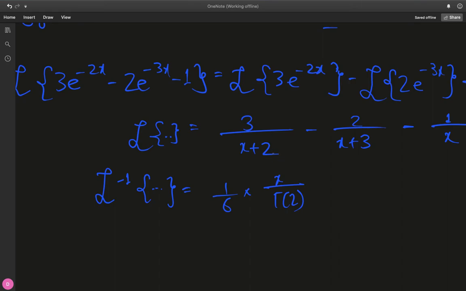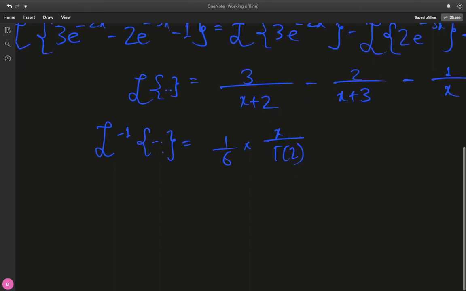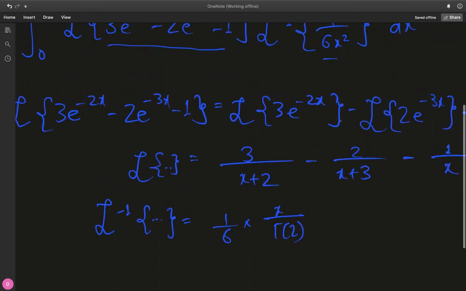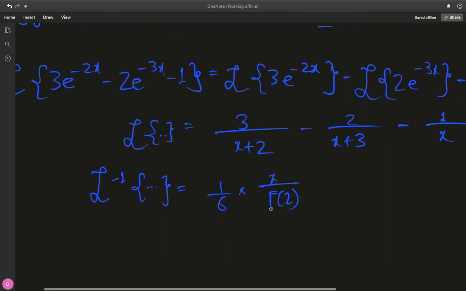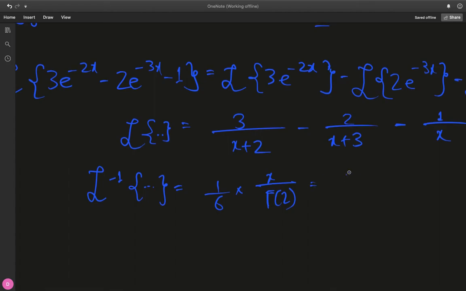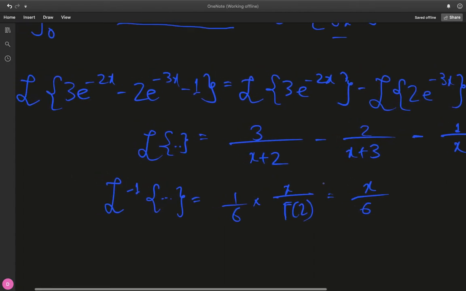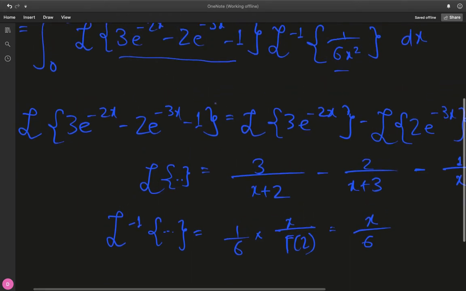So the inverse Laplace transform of whatever we needed to find is just 1 over 6, because of this original factor, times x over gamma of 2, and gamma of 2 is 1 factorial, which is 1, so we just end up with x over 6. So we can substitute all of this in our original integral.